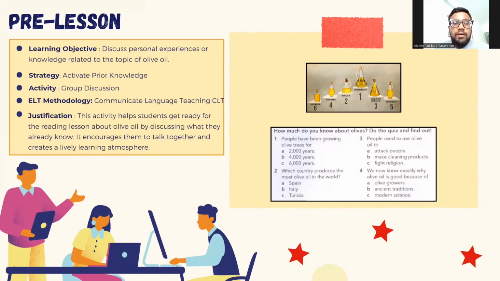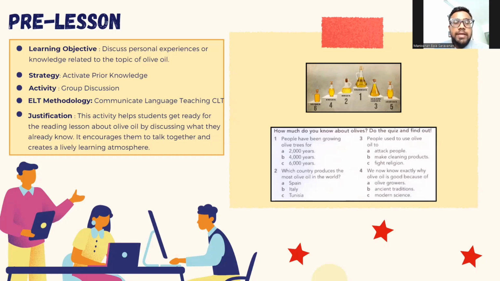The strategy we are using for this stage is activating prior knowledge, for the activity of group discussion, and the ELT methodology for this stage is communicative language teaching, CLT, since there is 30% involvement of speaking as a complementary skill in this lesson. So we believe that communicative language teaching is suitable for this activity.